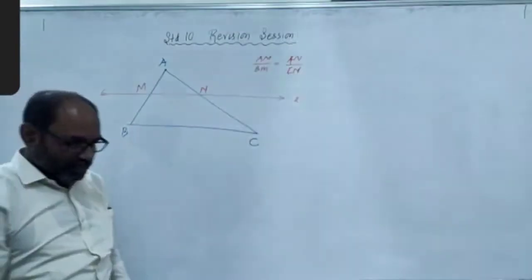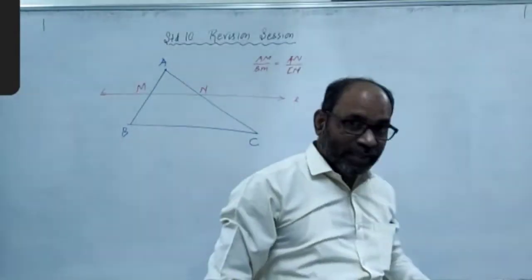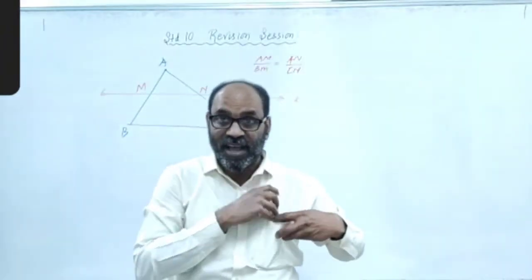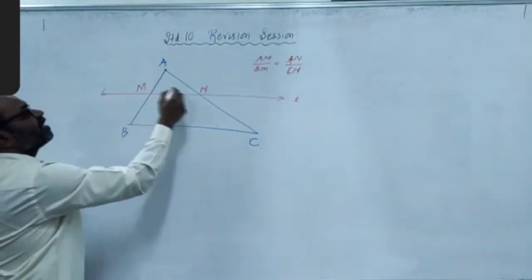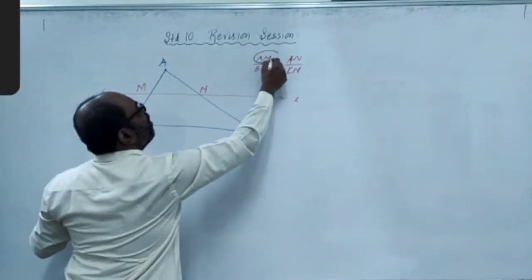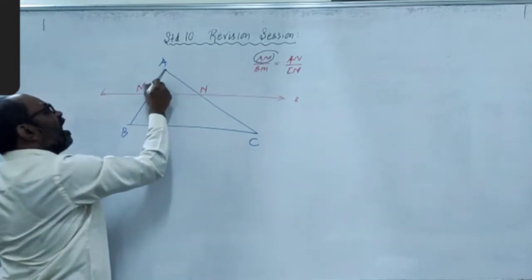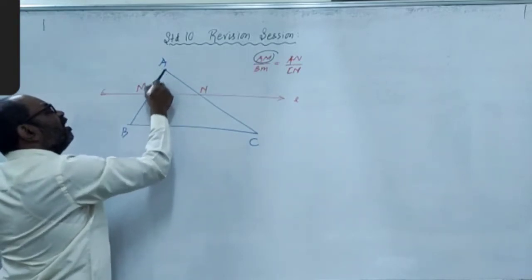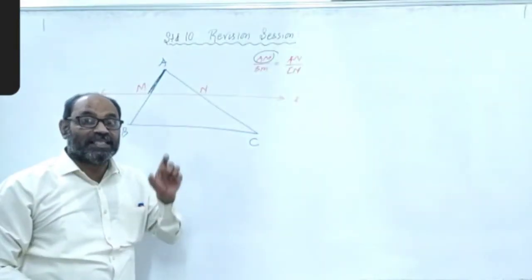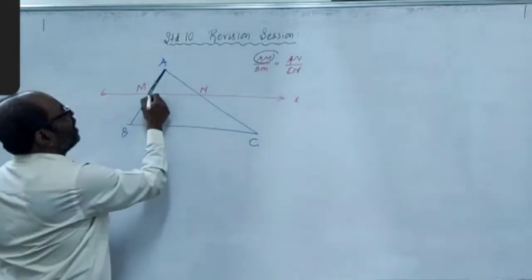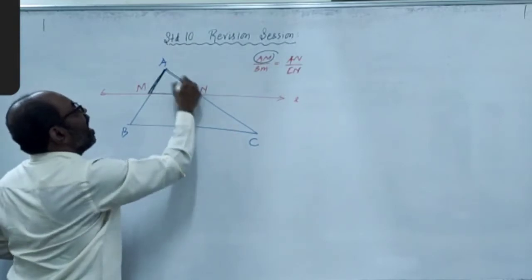Now, the method is very interesting and it is a bit strange as well. I'm going to take AM as one side of a triangle. Which triangle is that? AMN.